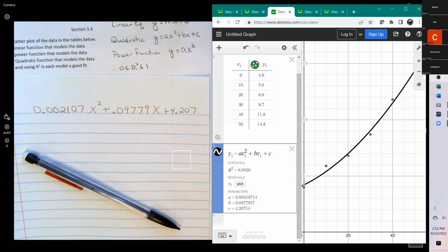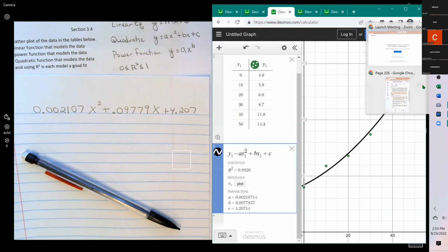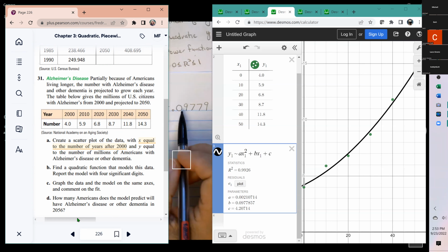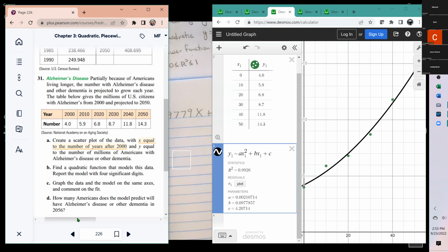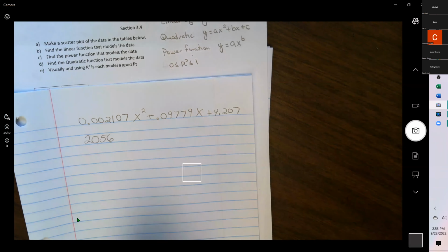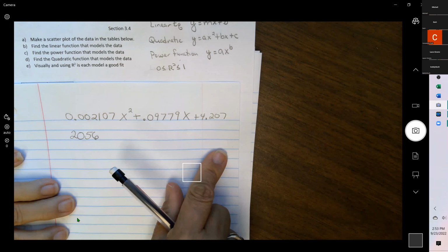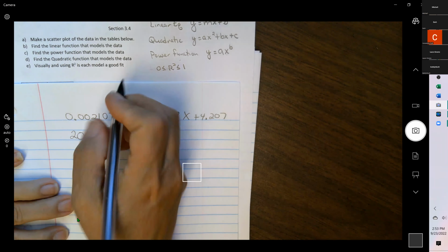Let's see what else it asked, I forget. Oh, we already graphed it. How many Americans does the model predict will have Alzheimer's disease or other dementia in 2056? So we said this equation's a good equation. 2056. Another thing you have to be careful of then, remember X is the number of years after 2000.